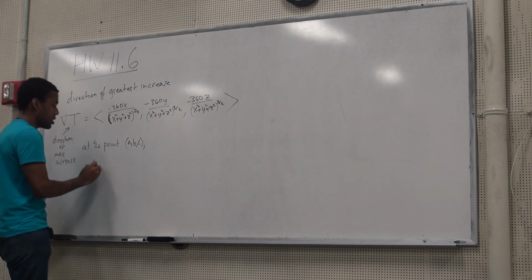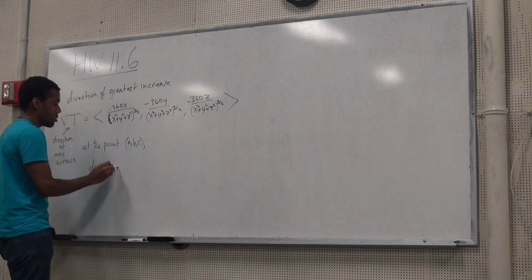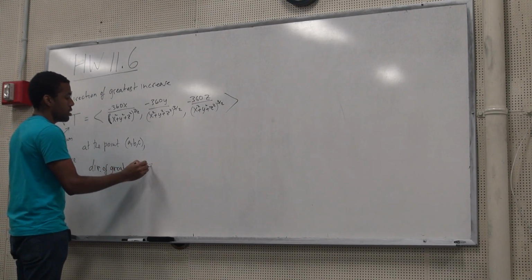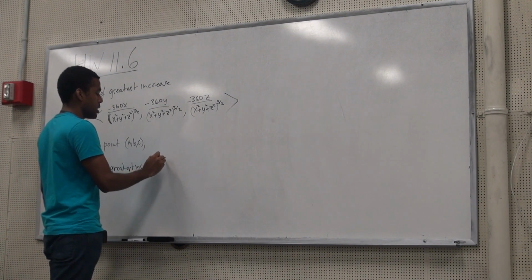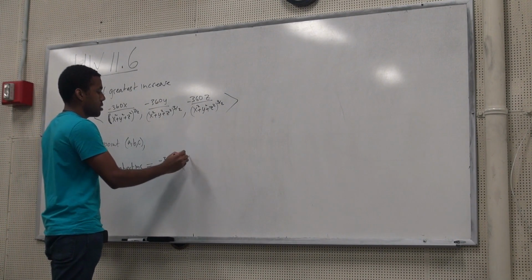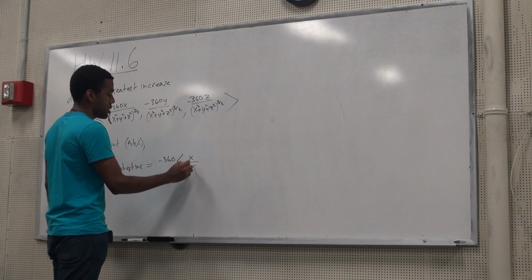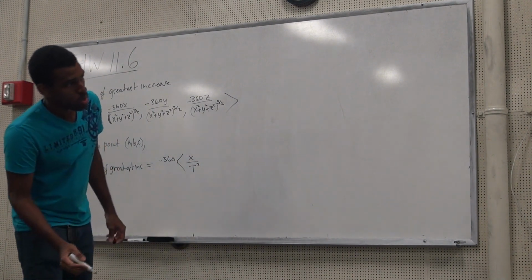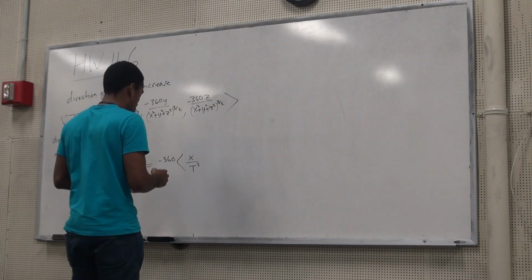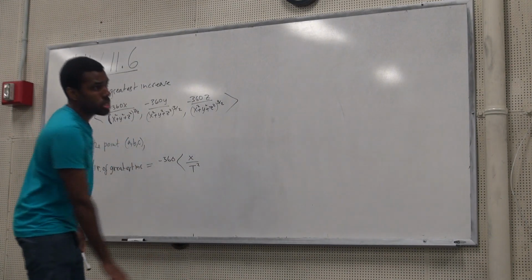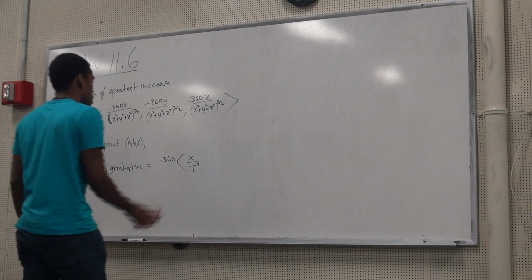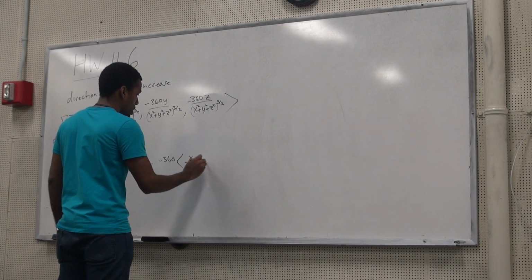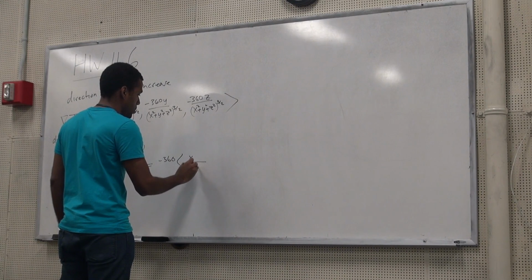The direction of greatest increase is going to be, yeah, I can take out this minus 360. This is x over basically, what was my T.